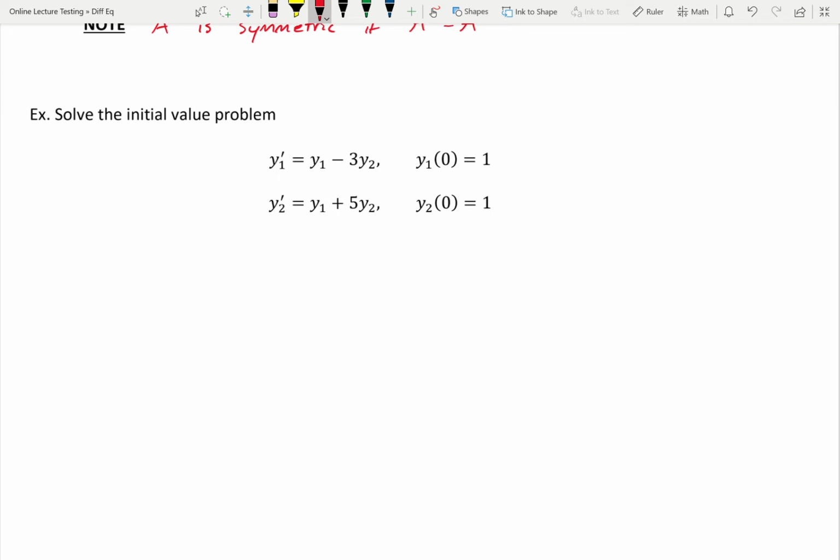All right, so first of all, let's write out what our matrix is. So here A is equal to the matrix of 1, negative 3, 1, 5.